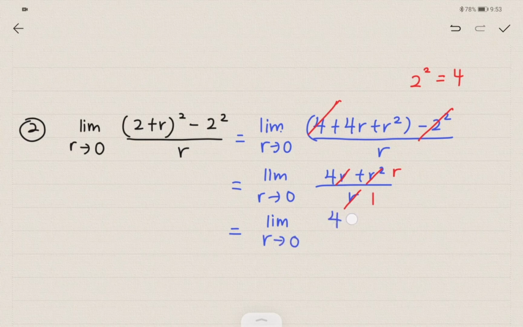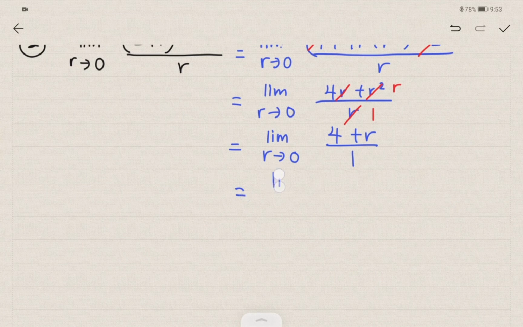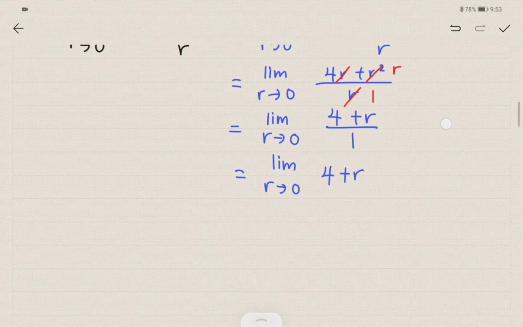Sorry, there should not be an equal sign there. So we will have 4 plus r. Now we can just substitute the value of r into the f(x). We get 4 plus 0, and thus your answer will be 4.